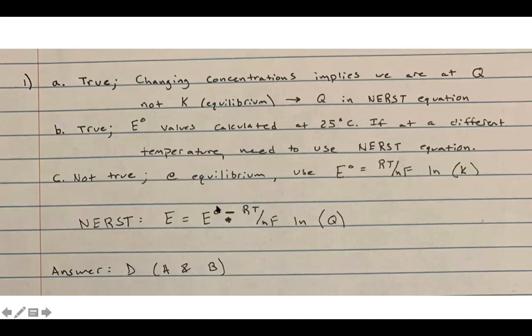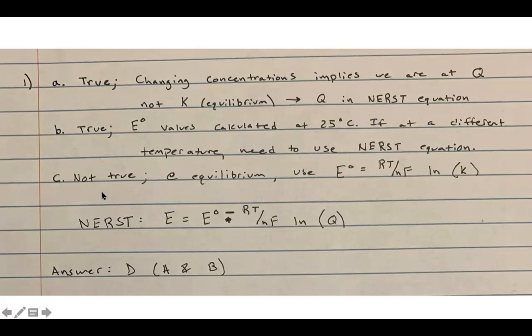If you're solving for E naught, you're solving for it at 25 degrees Celsius, or from the table of reduction potentials, which are all measured at 25 degrees Celsius. So any time you're not at 25 degrees Celsius, you're going to be utilizing your Nernst equation, and that accounts for how temperature affects your cell potential. Both A and B were listed as times to utilize the Nernst equation in Monday's session.